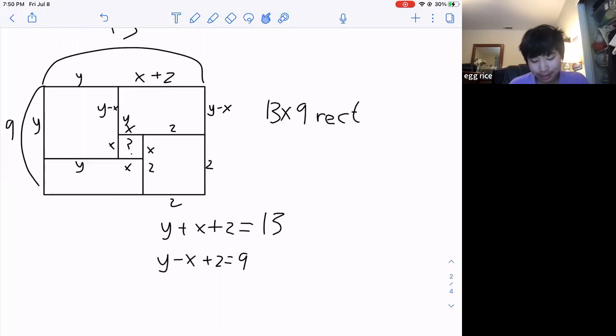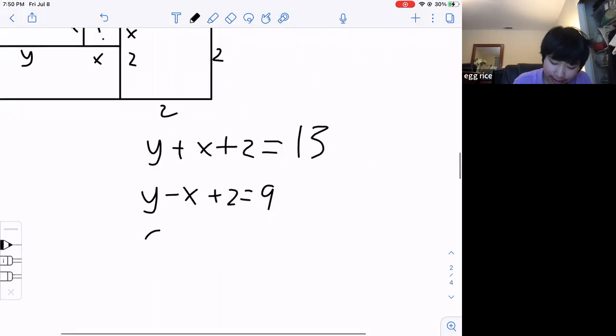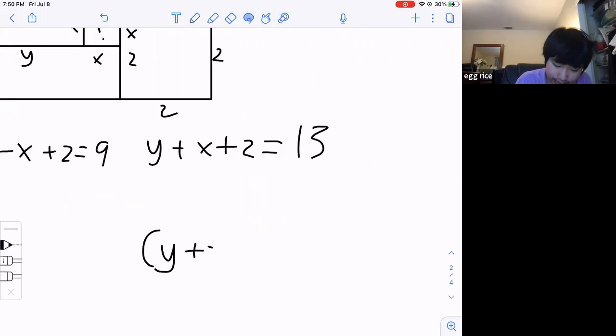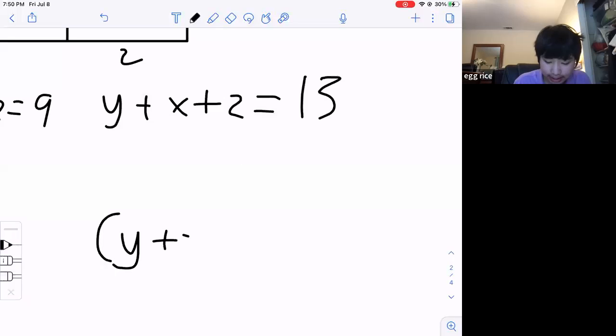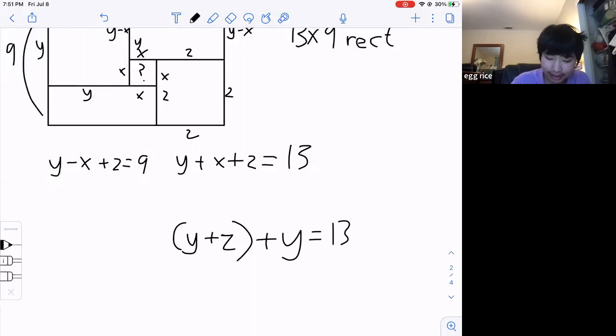That's actually not true in this case, because we can just group y and z together. So if we have y plus z, we'll move this over here. If we move y plus z together like this, plus x equals 13, we can see that this is the same thing as that, right? Does that make sense?